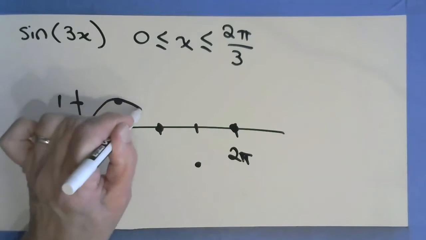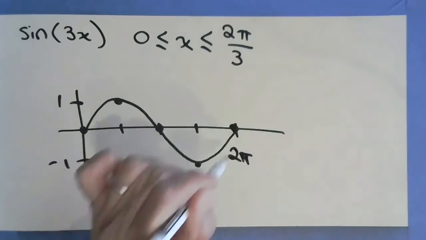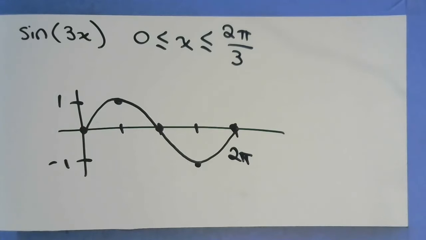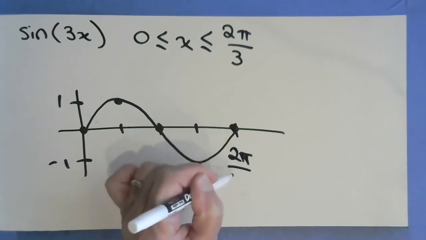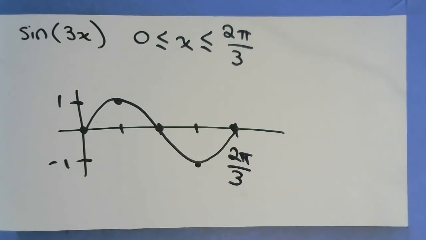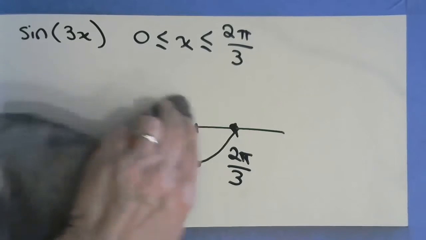Okay, here we go. Do I want to show sine of 3x? There we go. Because I took the period of sine and I divided it by the 3, which is what we did with that calculation with the argument. That's wonderful.